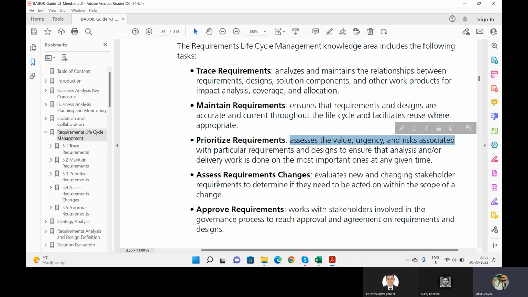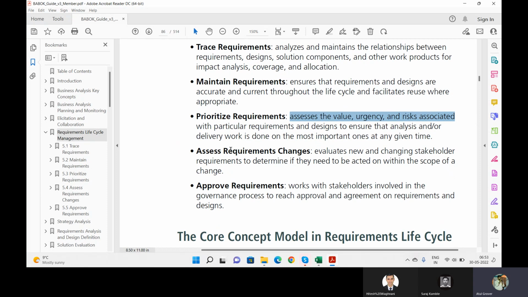Then assess the requirement changes. Evaluate the new and changing stakeholder requirements to determine if they need to be acted on within the scope of the change. Now let's say, for example, we are running this training with a set agenda. That is a requirement. Now if I start changing that agenda, maybe you have a question, Atul, please don't change the agenda now.